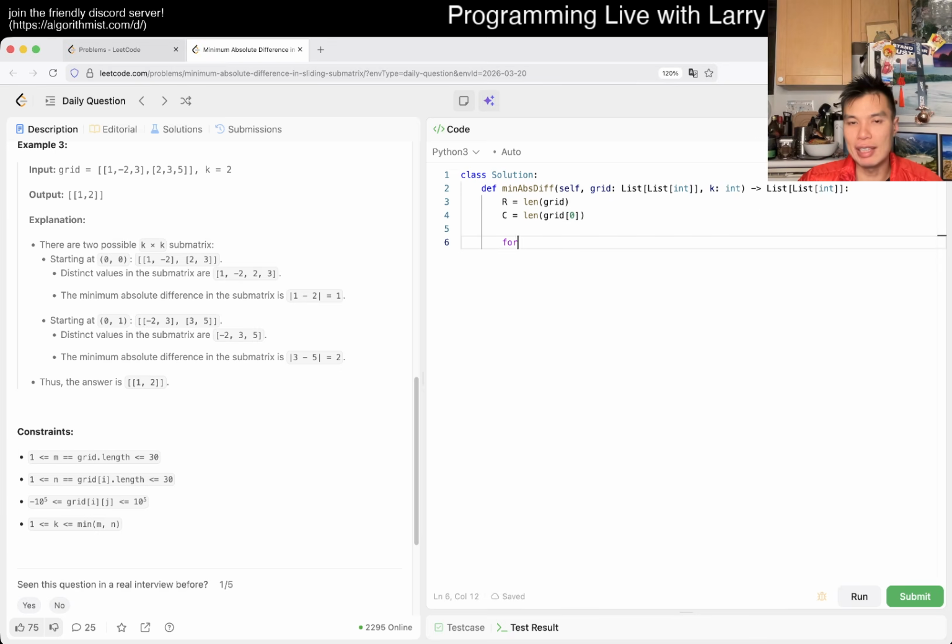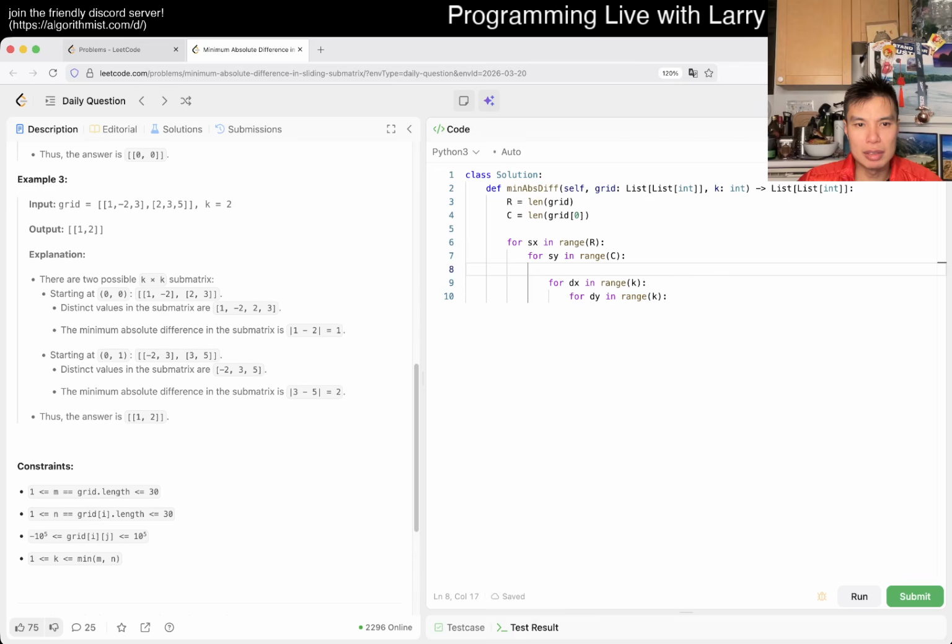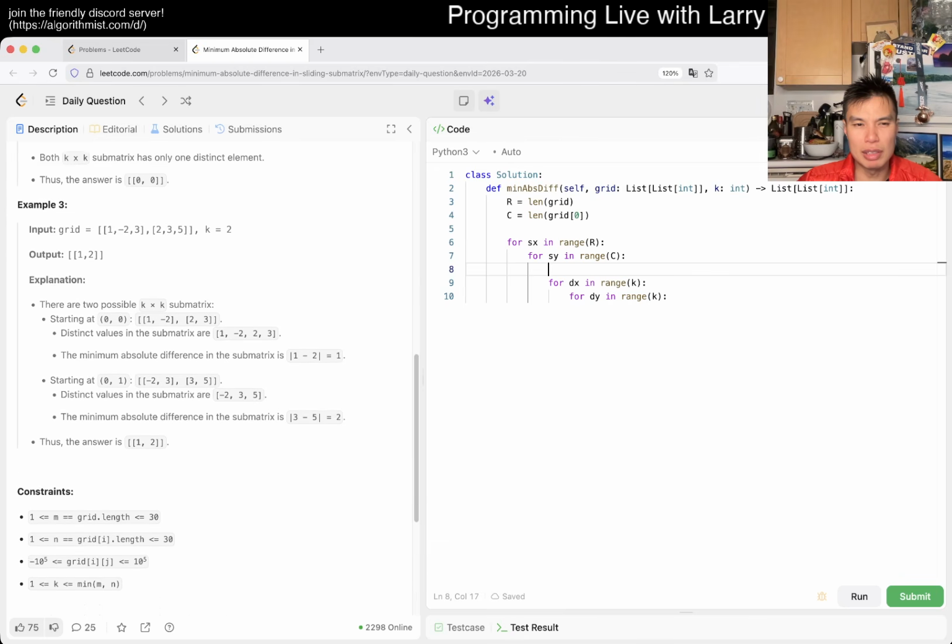So yeah, let's try, and then maybe we have a start. Let's just say this, right? For starting x, for starting y, and then we have for dx in range of k, for dy in range of k, right? But before that, we want the smallest differences.